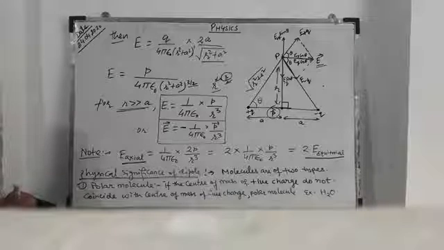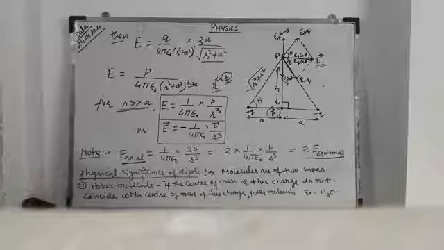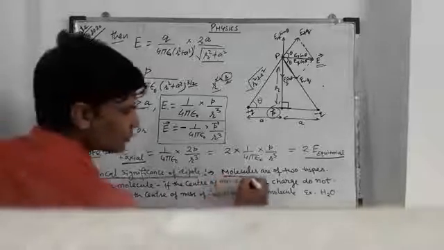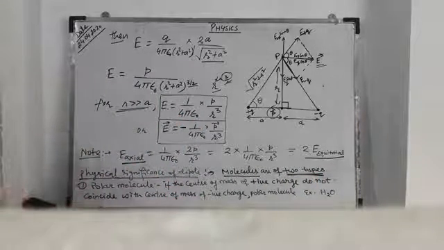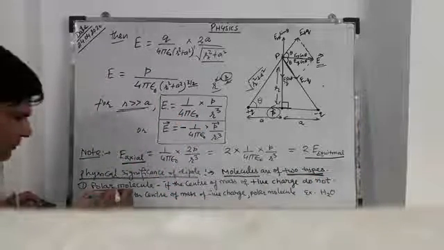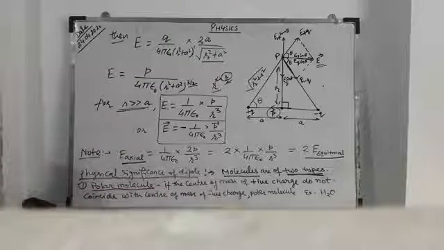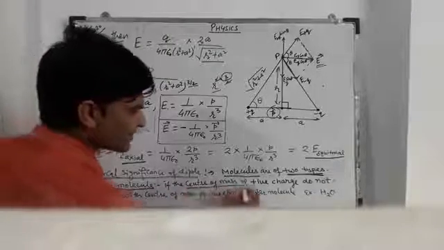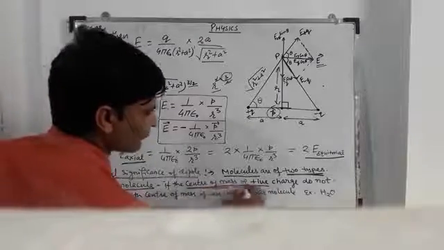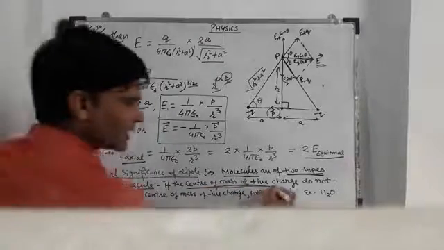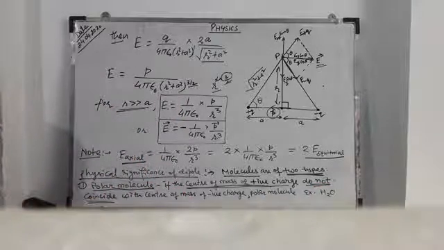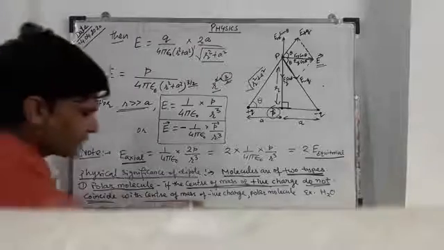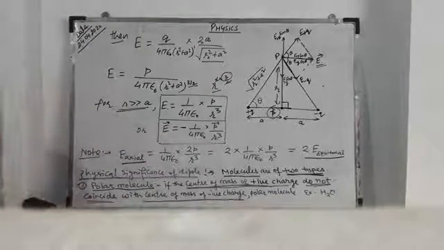Okay. Now, what is the physical significance of dipole? The physical significance of dipole is that molecules are of two types. First is the polar molecule. In a polar molecule, the center of mass of positive charge does not coincide with the center of mass of negative charge.